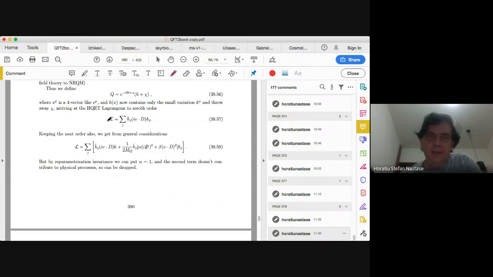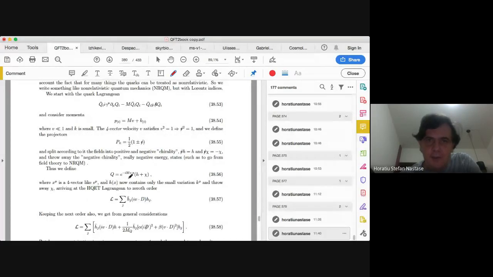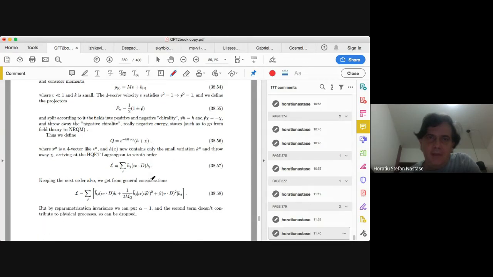Okay, so then this field Q is written as exponent of minus i m, the mass of the quark, v dot x, times (1 plus chi) times h plus chi, which are the small variations.